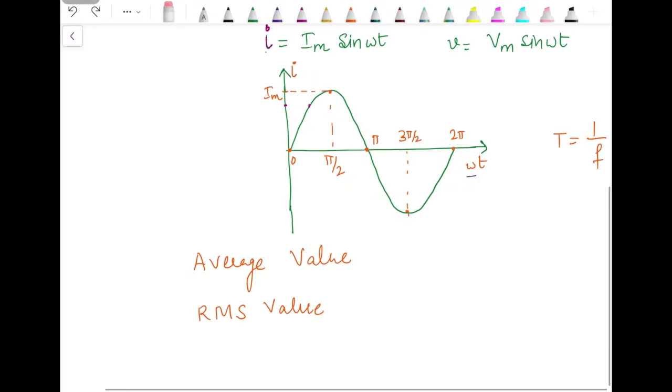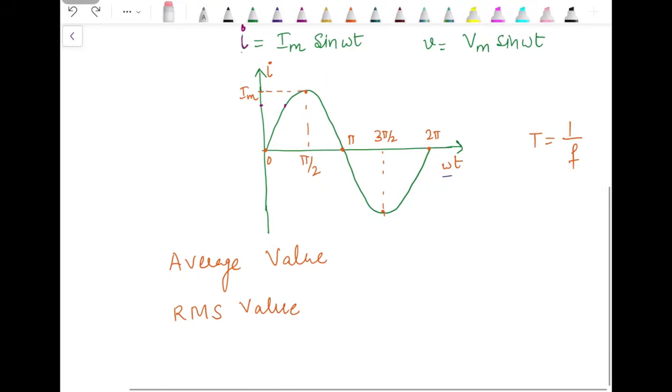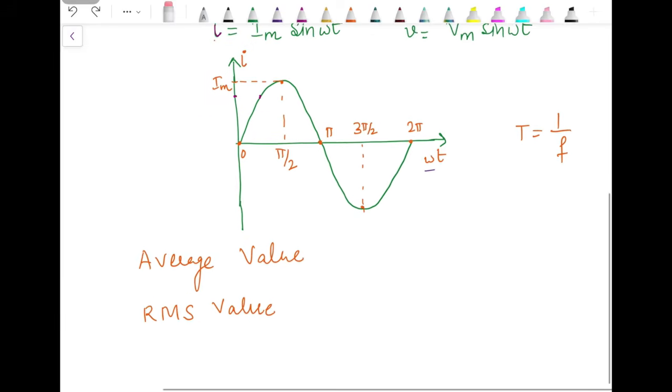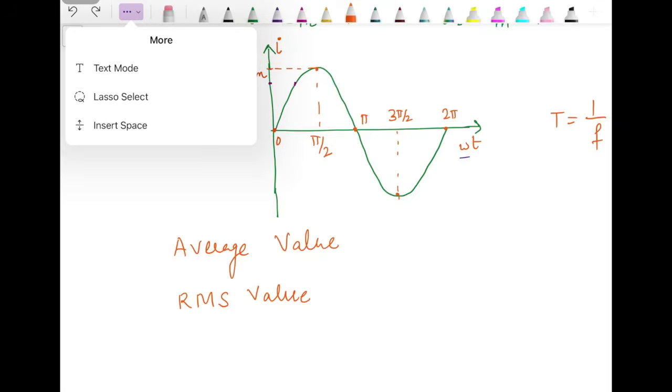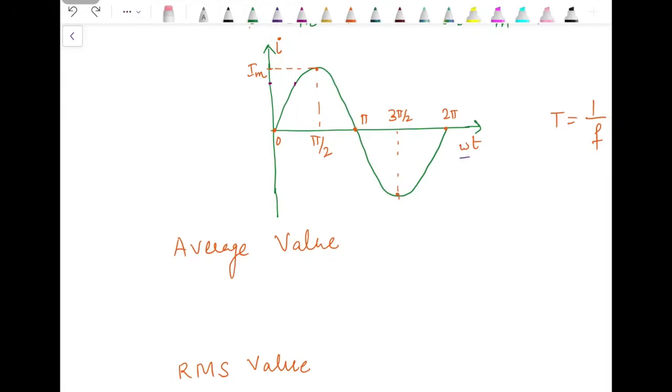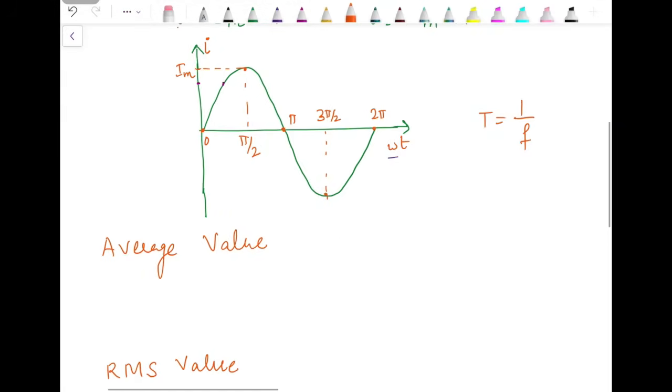So when we have waveforms looking like this, that is a symmetrical waveform, then the average value is calculated over the half cycle. We will calculate up to here.